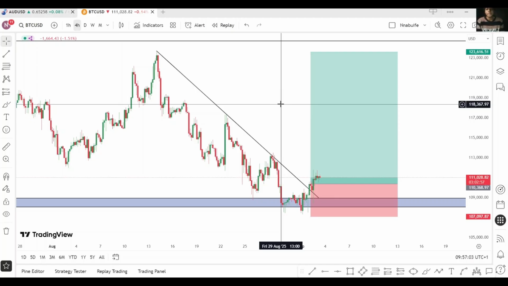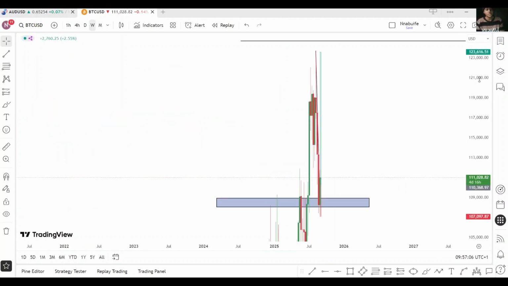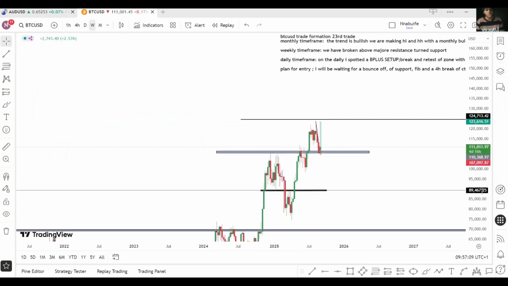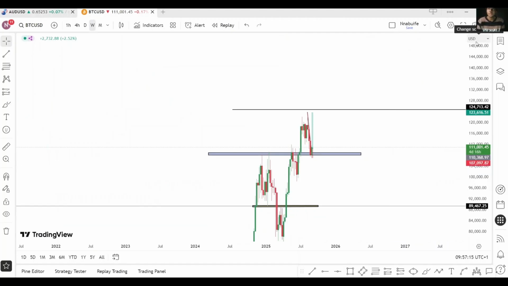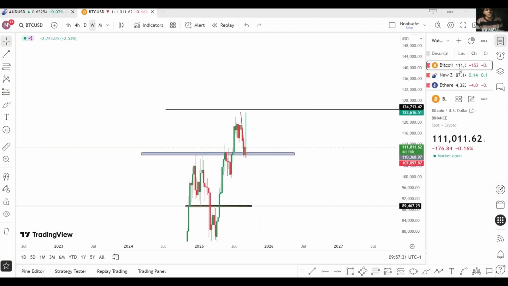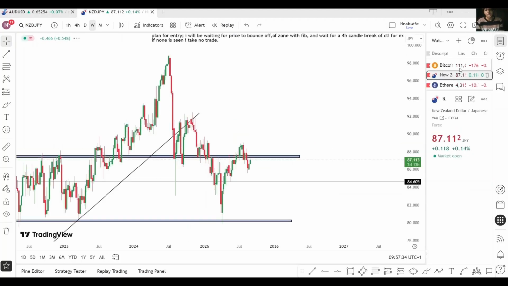I still have other pairs to break down, because in our previous video, I broke down GBP USD and Euro USD, but the problem was Euro USD and GBP USD did not even conform to our plan, so I let them alone. As I was going through other pairs, I found an interesting pair called NZD-JPY.